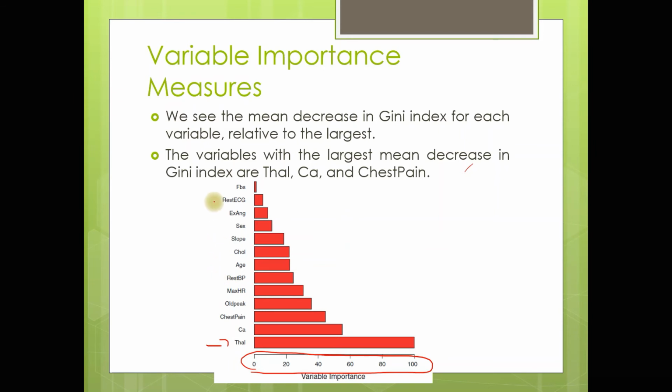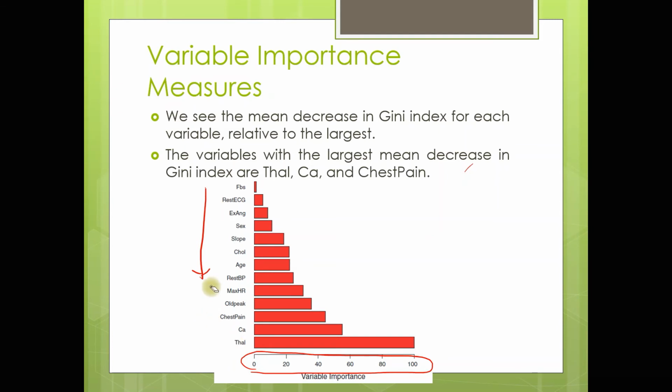But it depends on graphics. Sometimes it depends on software. Some software will give the greatest decrease on top, and then it goes in decreasing order. But this one is giving you the result from smallest decrease going downwards to the highest decrease, right?